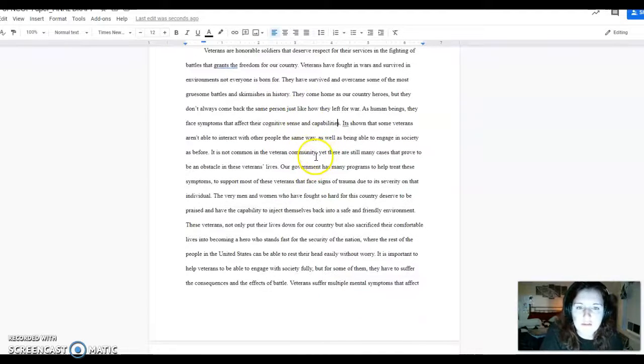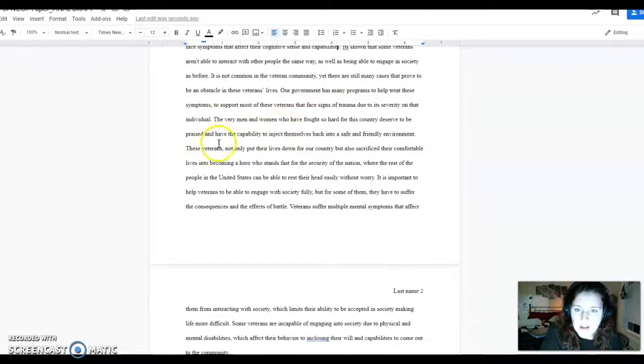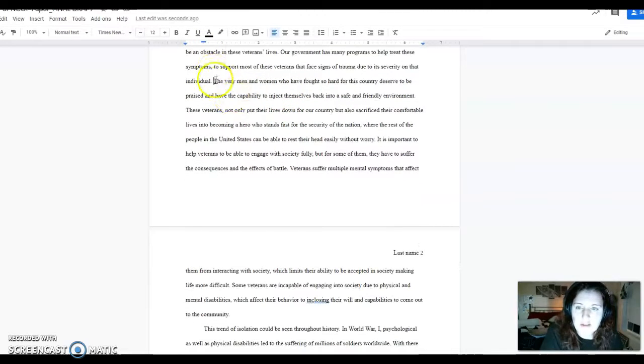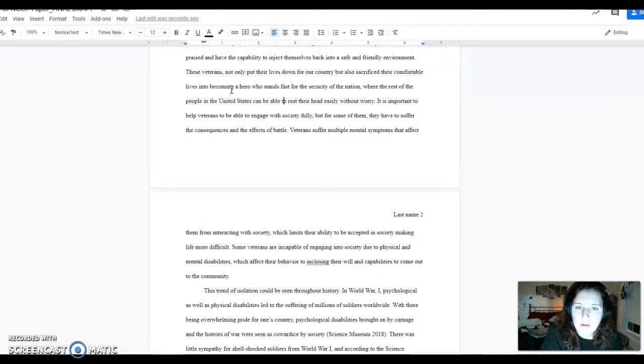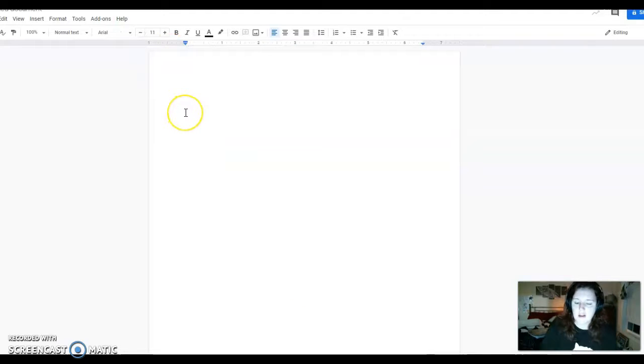So we're giving a sense of what's going to be talked about in the paper while still trying to hook the reader's interest. Let's see if the last sentence is the thesis statement, because that should be in your reverse outline or any kind of outline.